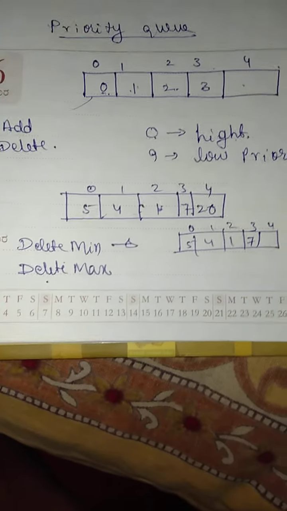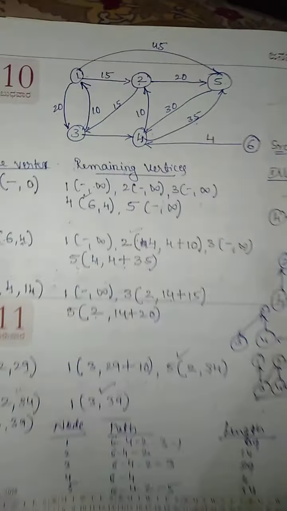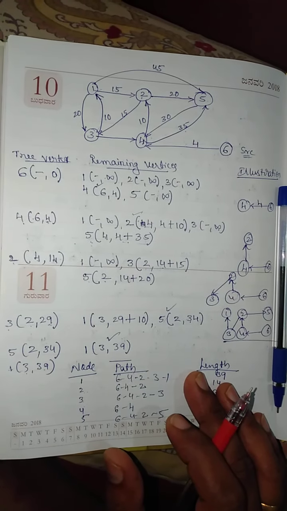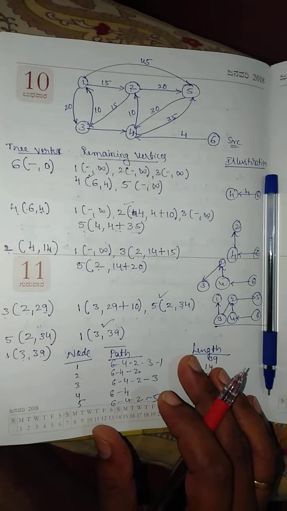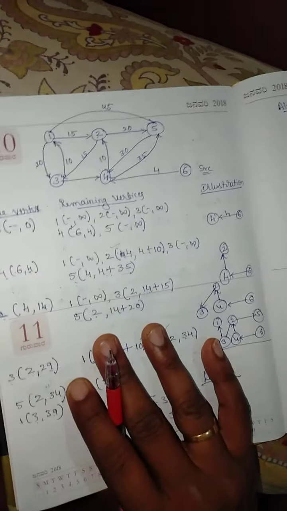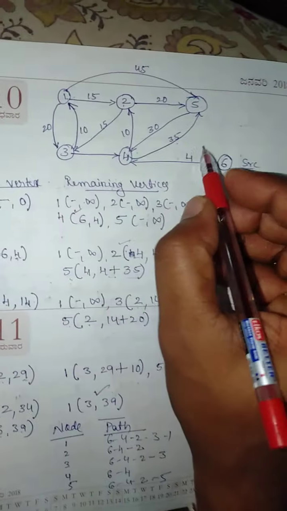Now, having looked at the priority queue, we will look at the algorithm for Dijkstra. We have already seen some examples of solving Dijkstra's algorithm to find the single source shortest path. What did we do initially?